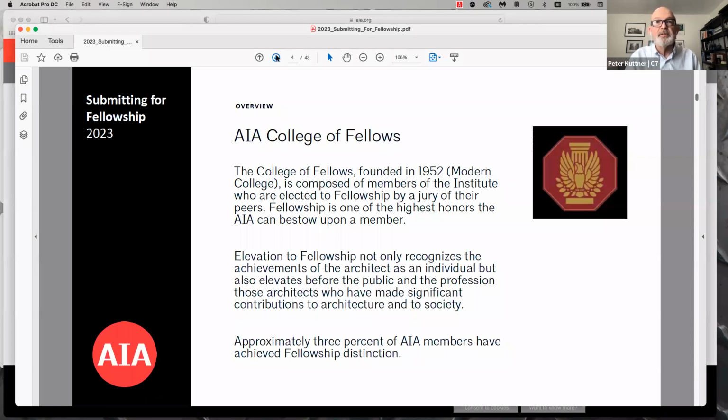So I think there's about 3,000 fellows right now, about 3% of the membership. We try to make it a great distinction, but at the same time, I think we're eager to have people join and be recognized for the things that they've done.